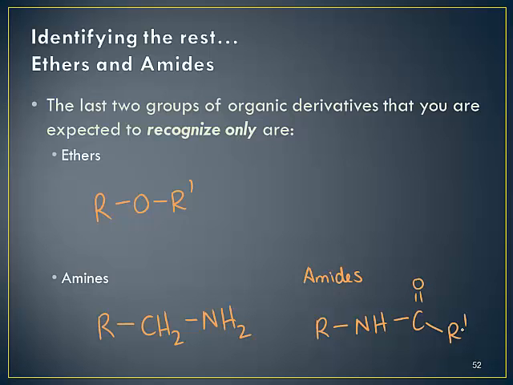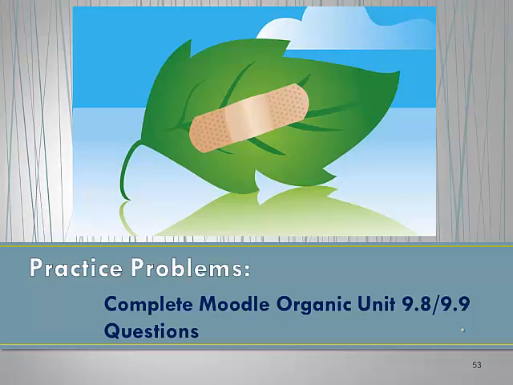That would be an amide. And that's a common group that you would see for people that are taking biology. That happens to summarize all the organic chemistry, organic derivatives that you need to be able to know and recognize, and leaves you in a position to be able to complete sections 9.8 and 9.9, the last two segments of organic chemistry and the last two sections for the year.